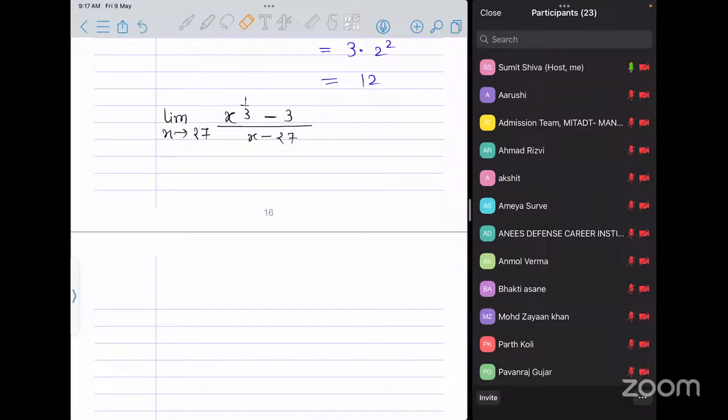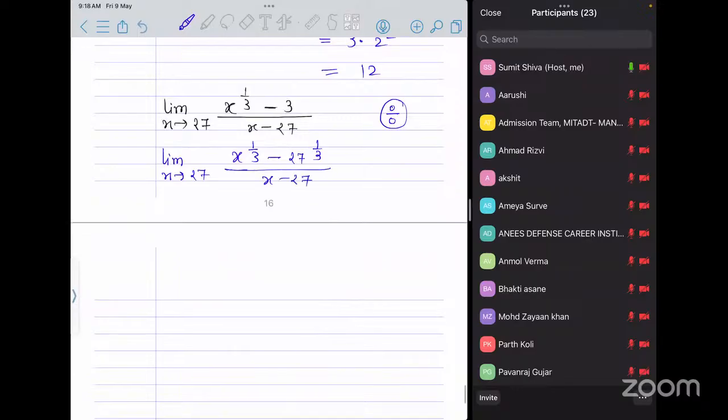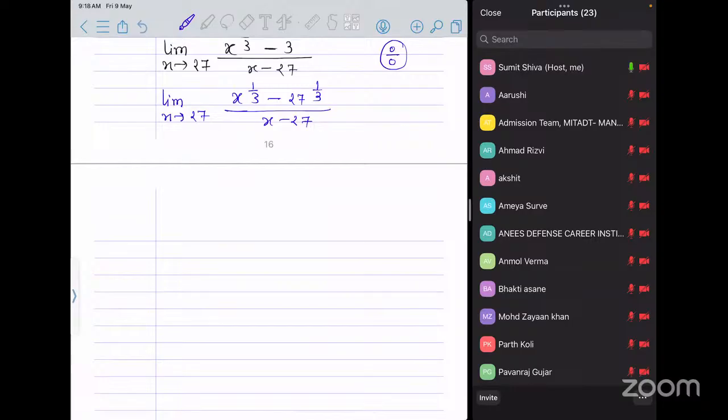Now if you substitute 27 in numerator and denominator, you will get 0 by 0 form. So this question can be converted into a new format: x tending to 27, x raised to power 1 by 3 minus 27 raised to power 1 by 3, since 3 can be written as 27 raised to power 1 by 3. Am I right? Divided by x minus 27. So in this case, the power is a fraction, but the concept will be the same, and the answer will be 1 by 3 times 27 raised to power 1 by 3 minus 1.